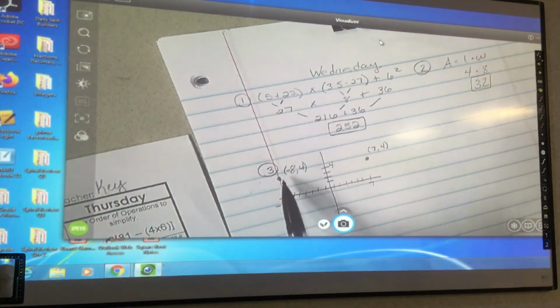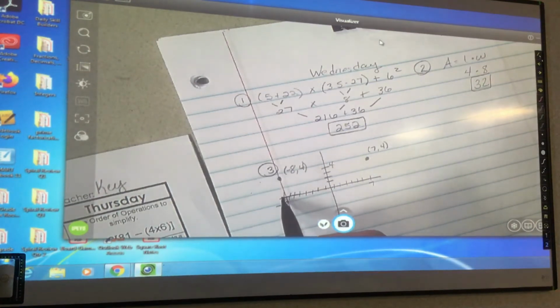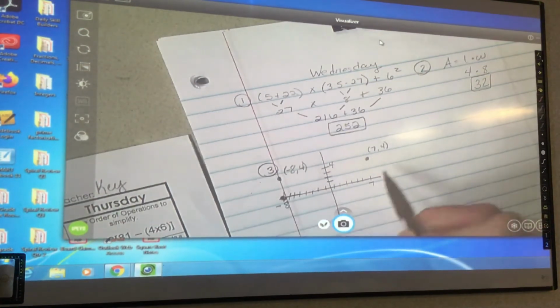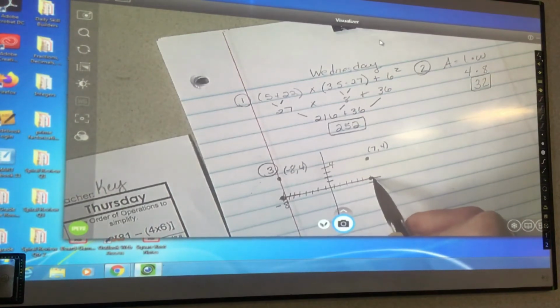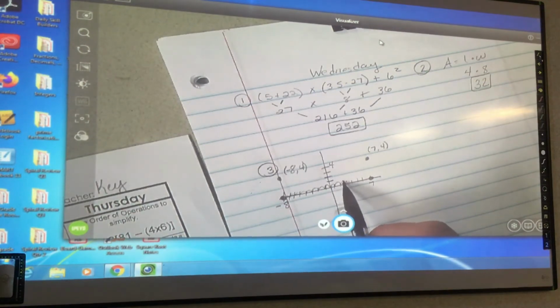To find the distance between the 2 points, I can just go from this negative 8 on the number line to this positive 7. And I can just count the number of ticks between the 2 numbers. So it's 1, 2, 3, 4, 5, 6, 7, where am I at? 8, and 8 is at the 0. 9, 10, 11, 12, 13, 14, 15.